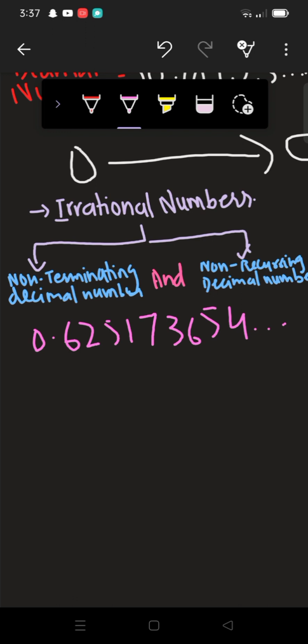As well as non-recurring, because after the point you can see no digit is repeating, 62517365, there is not any digit which is recurring. So it is non-terminating as well as non-recurring.